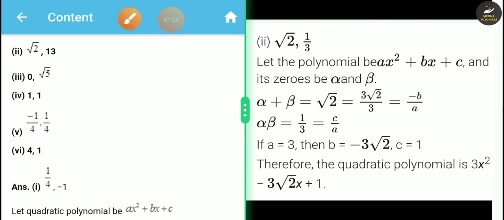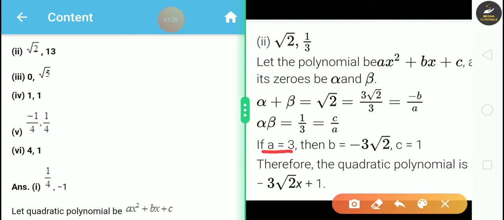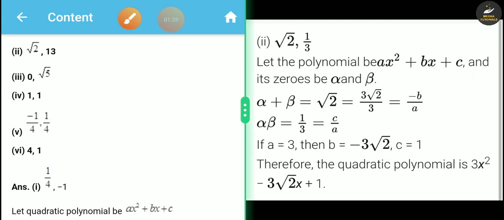Therefore we can say that a is equal to 3, b is equal to minus 3 root 2, and c is equal to 1. So the polynomial will be ax square plus bx plus c, and after substituting the values we can write 3x square minus 3 root 2x plus 1.